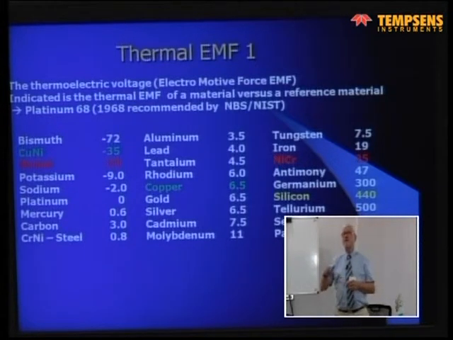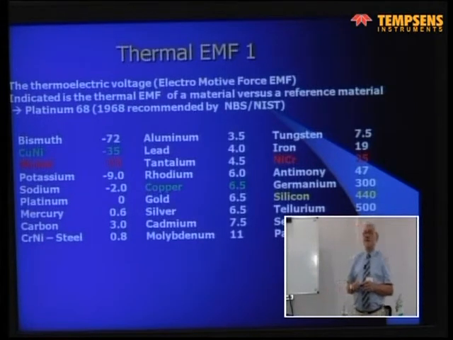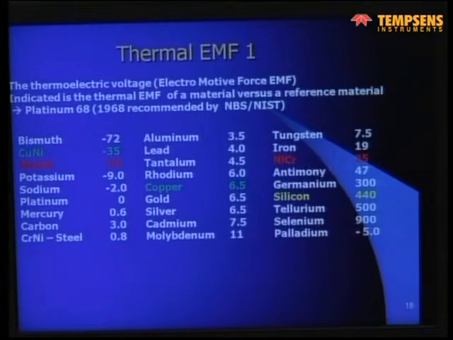When you look into the right column, in the lower part you see some strange elements which produce very high EMFs against platinum. Highlighted in yellow is silicon, with 440 microvolts per Kelvin. This is an incredibly high number.